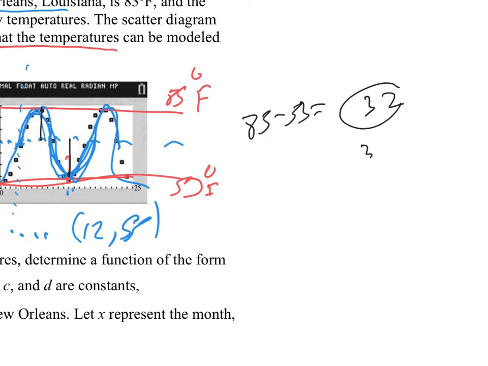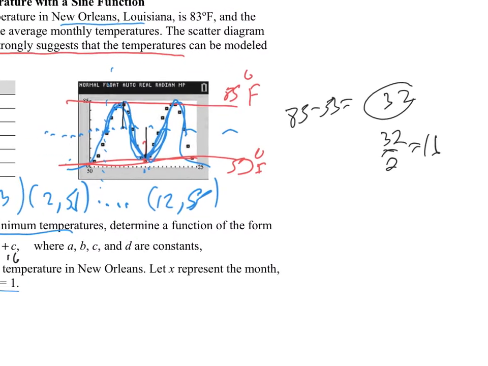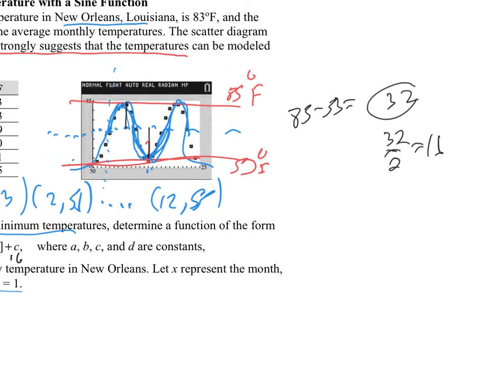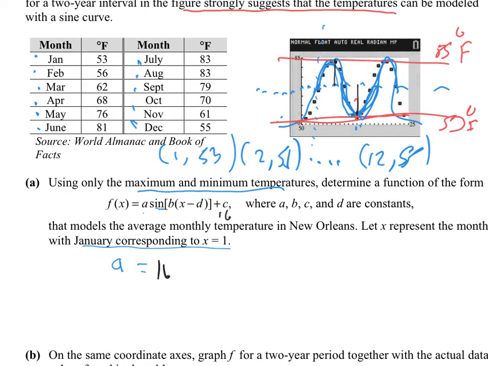Half of that is 16. So what that tells me is I know this must be 16. And I know my amplitude must be 16. I took half of that distance. My amplitude is 16.